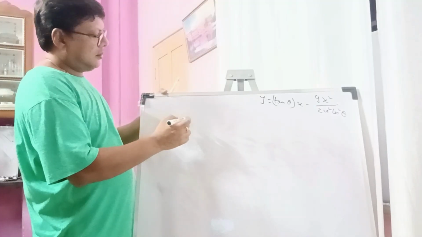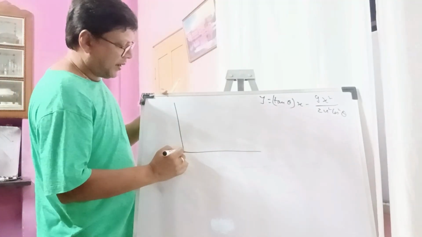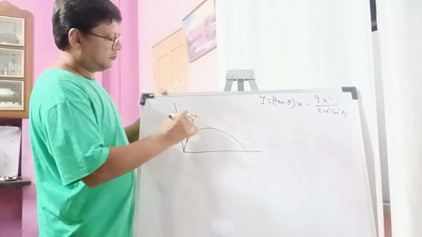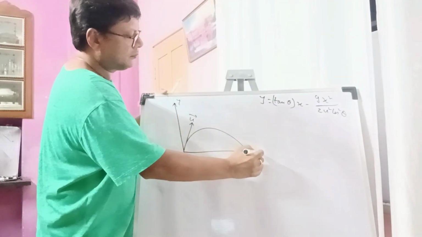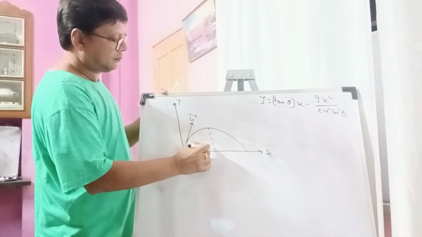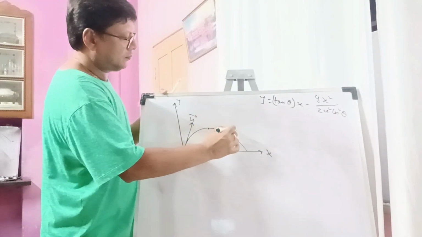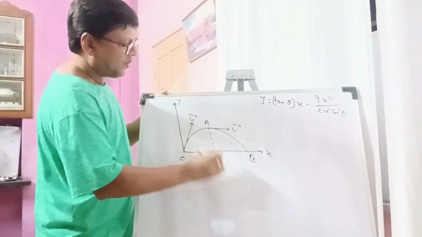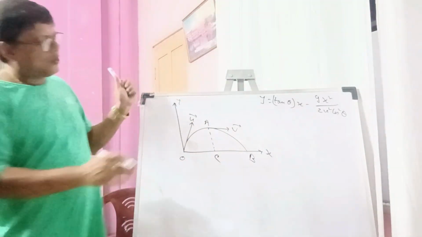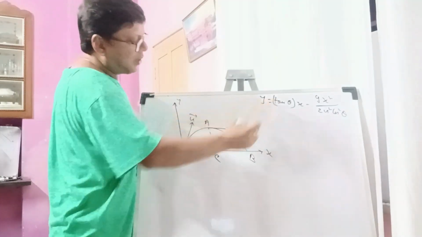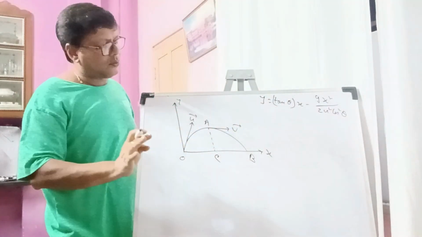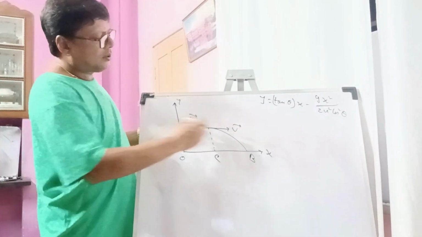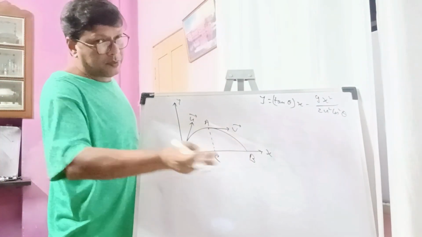Now I am drawing the diagram again. I have not drawn any P because we have already found the Cartesian equation of this projectile motion. It's not a normal shape, it's a parabolic shape, as you see from here.